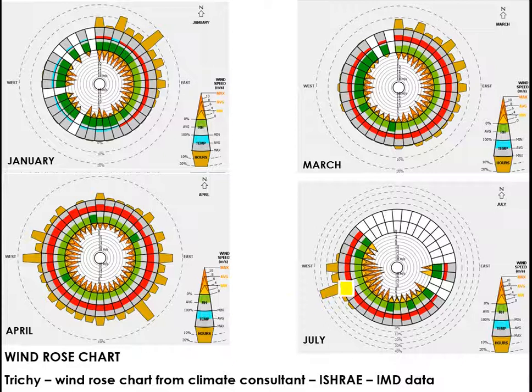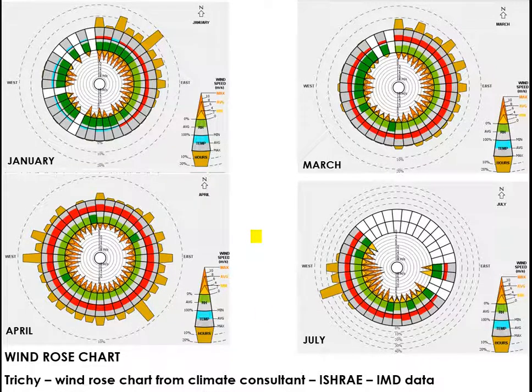You can see the direction of the wind has already changed, and the southwest monsoon has good wind or breeze, and the wind speed is very high. Although you have a little higher temperature and a little lesser relative humidity, because of the higher wind speed, if you can create better openings inside the building, it can give you better thermal comfort inside the building.